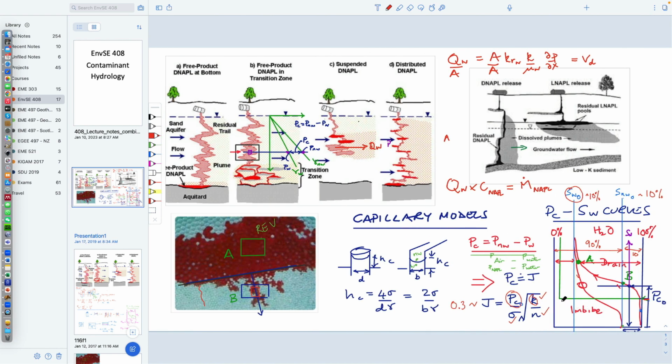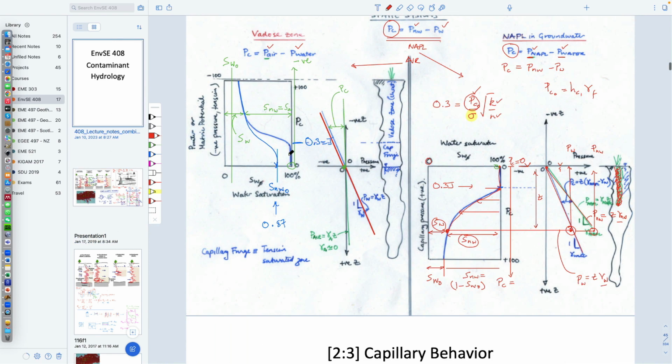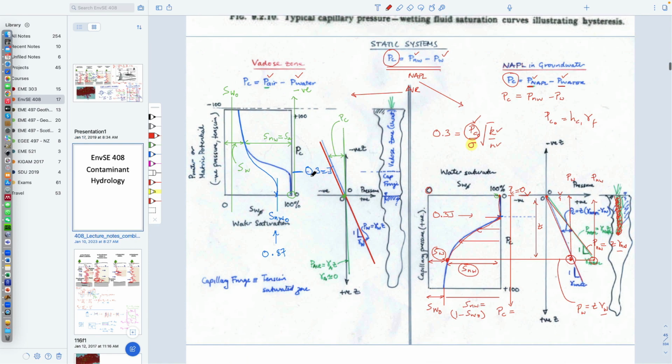So along this bottom part here, it's upside down, right? So a decreasing saturation of the wetting part and an increased saturation of the non-wetting part, which represents this behavior here, because this diagram is physically turned upside down. And so that's essentially what we're attempting to do.